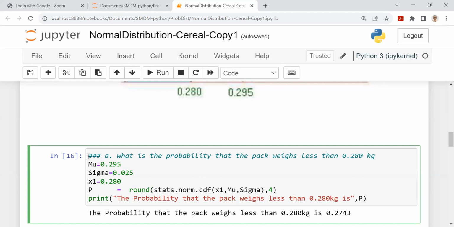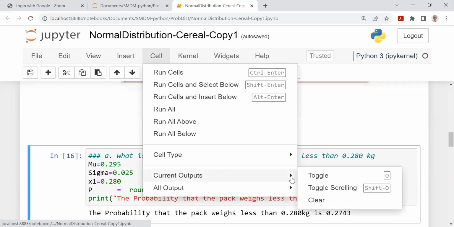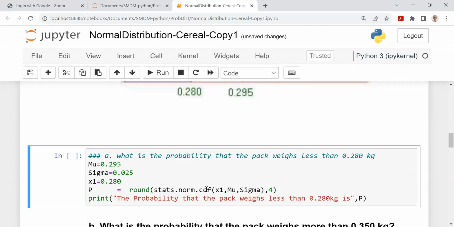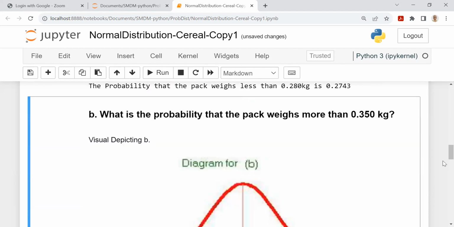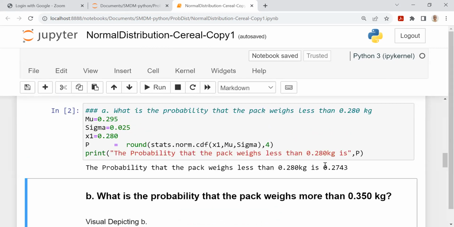When I execute this, let me show you what happens. Let me clear the current outputs and run this code. Then you get 0.2743.